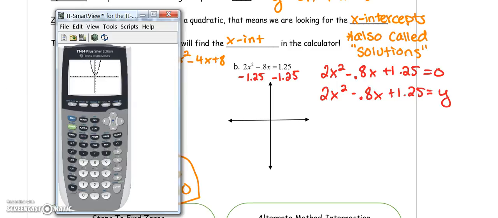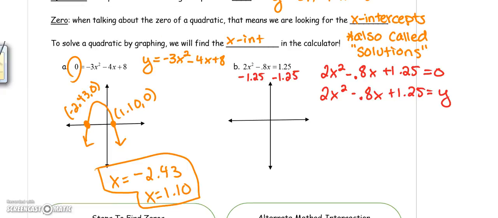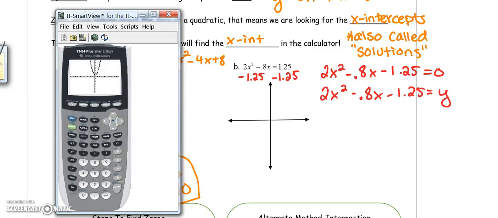Alright, oops, and I just noticed I made a little error here. If you guys look, I wrote that I needed to subtract 1.25, but I wrote plus 1.25 here, so I need to fix that. And then I can fix that in my calculator as well.